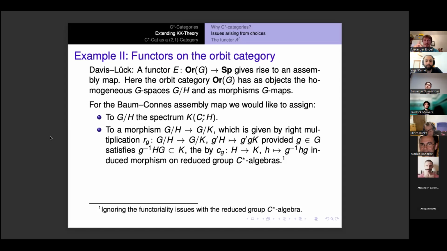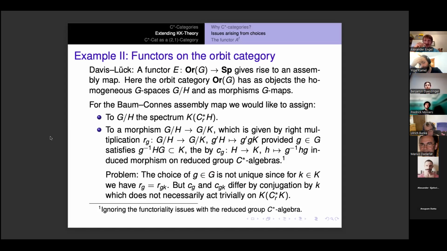And this should act on the reduced group C-star algebras and give us the corresponding morphism. Let us here for the start just ignore the problem that reduced group C-star algebras are in general not functorial for arbitrary group homomorphisms. That's a different issue. But the thing here is, in order to define it like this, you are again forced to make a choice.